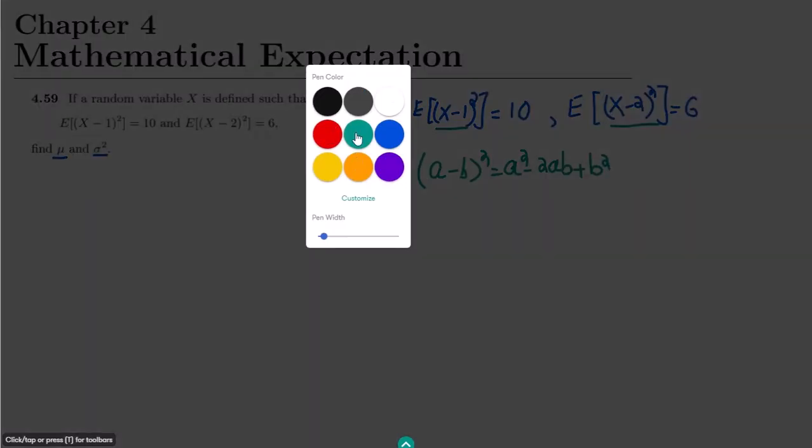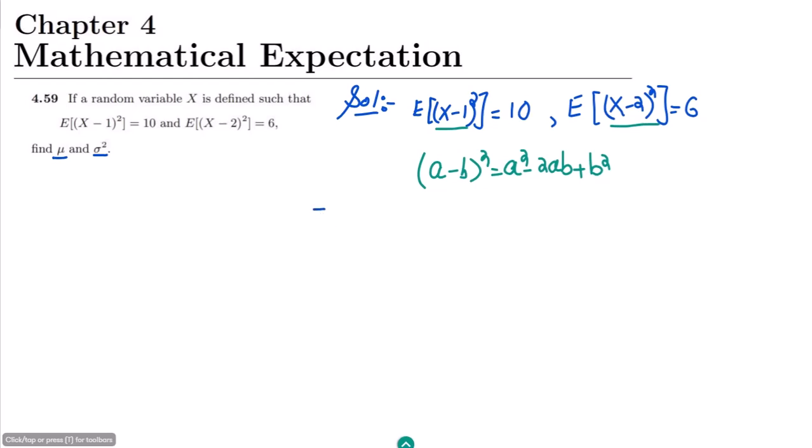Following it here, in the first equation we will get X^2 minus 2X plus 1 equal to 10, and in the other equation I will get X^2 minus 4X plus 4, which is equal to 6.